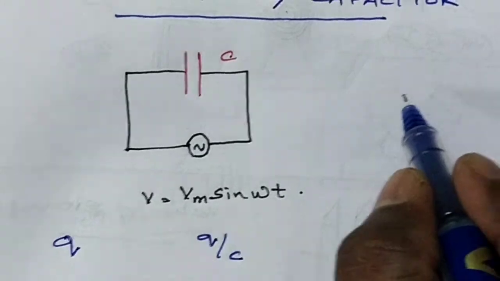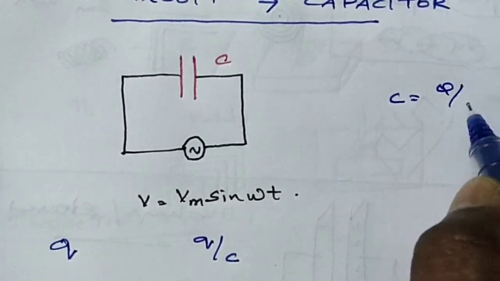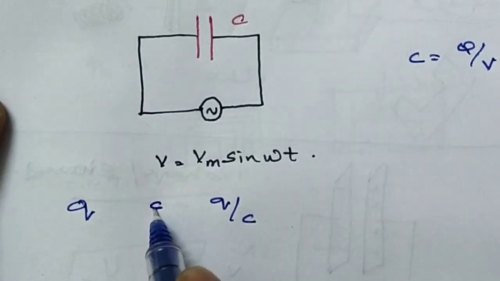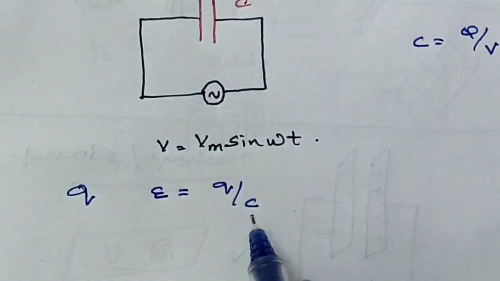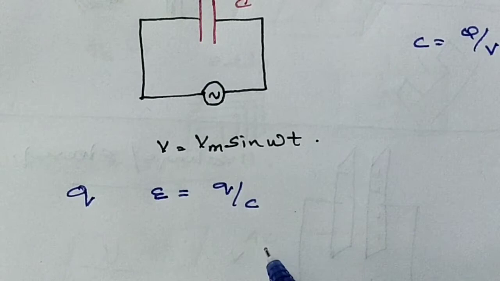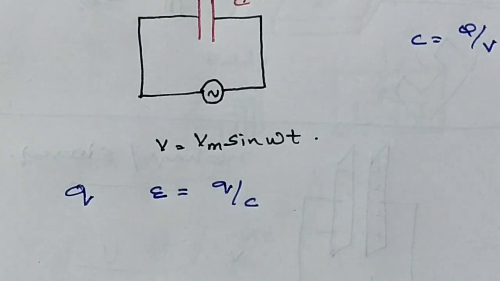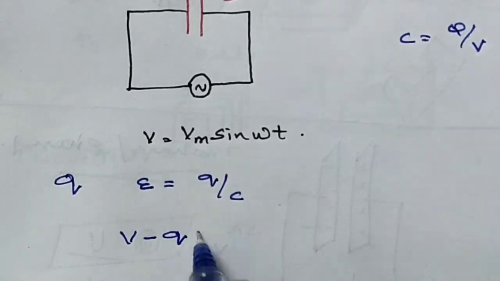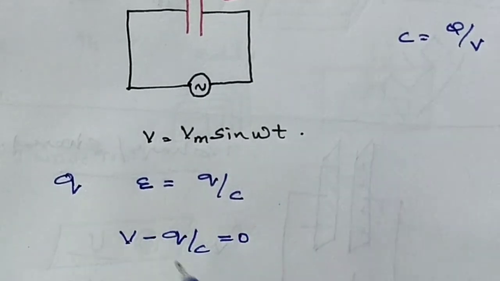We already know C equal to Q by V, so the potential difference is the EMF, equal to Q by C. According to Kirchhoff's loop rule, V minus Q by C equal to 0.